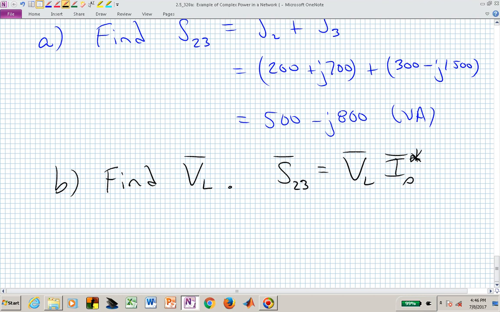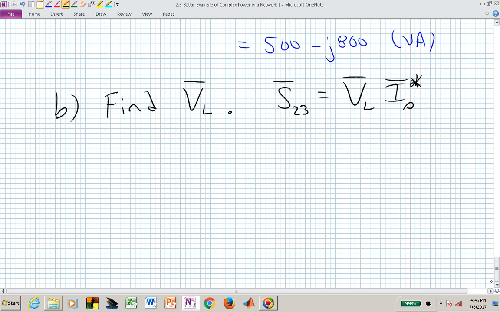for complex power. Now we can use that relationship for complex power to solve for the unknown that's not yet available, which is the voltage dropped across those two parallel loads. And that's now just a math problem with some complex numbers. We have the complex power S sub 2,3, and we're going to divide into that the conjugate of our current that's supplying those loads.